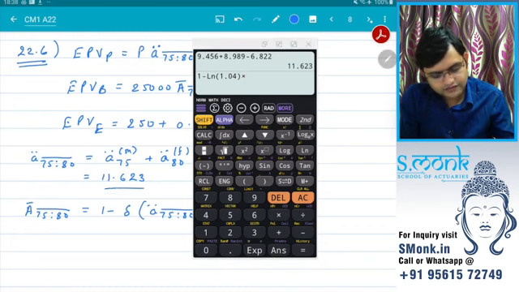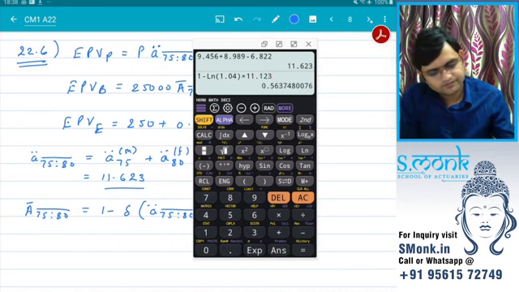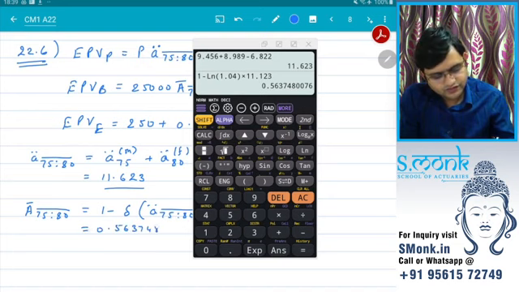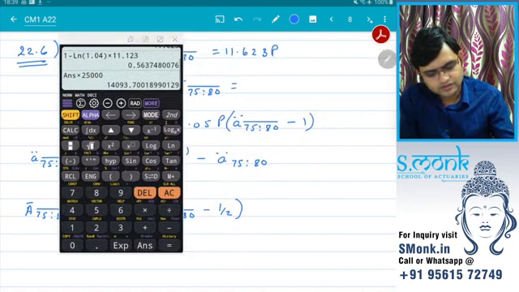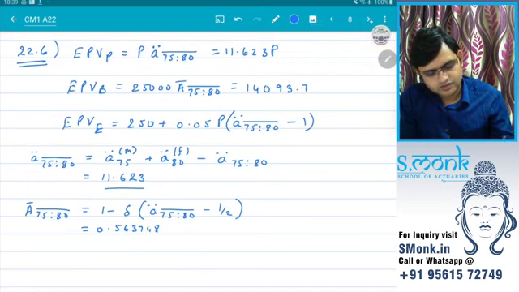I'll subtract half here, so I'll get 11.123. This much is 0.563748, multiplied by 25,000.